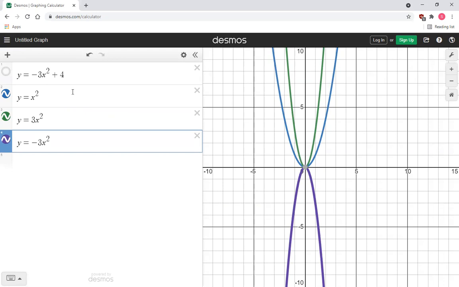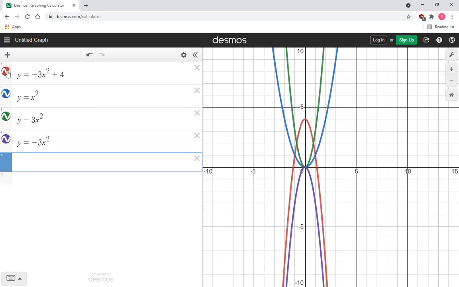So we see now it just reflected it over the x-axis. And the last thing is we've got this plus 4, which is affecting the output. So that's going to be a vertical shift up. And we see that we have that vertical shift up. So we can work through this a piece at a time.